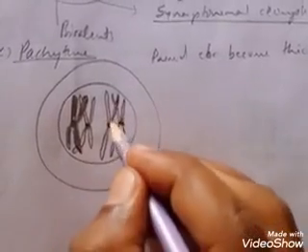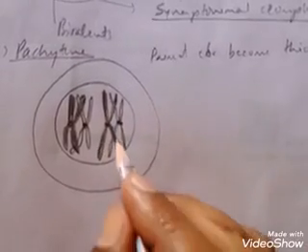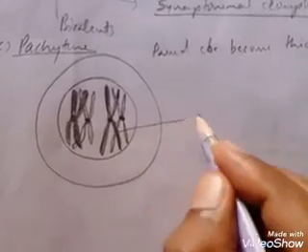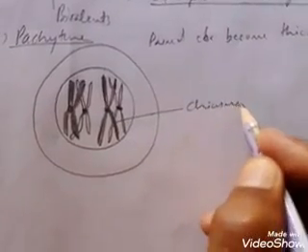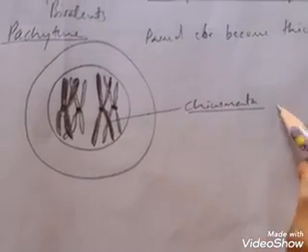Yes, so by this we can understand the crossing over. An X-shaped structure is formed. This is called chiasmata. And this process is called crossing over.